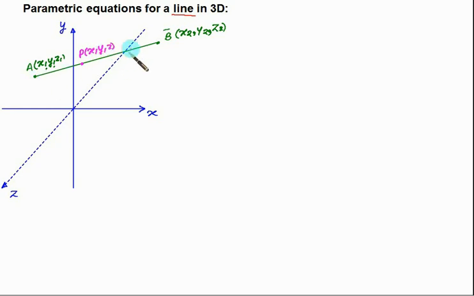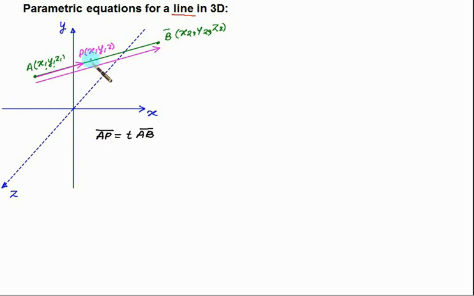Now in this case, the AP vector and the AB vector are parallel vectors. So we can use the same concept that we have just developed, that is, the AP vector is T times the AB bar vector. So AP bar is equal to T times AB bar, where T is any parameter. T is not time.